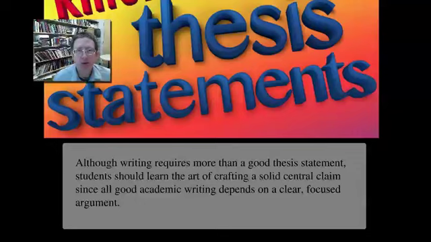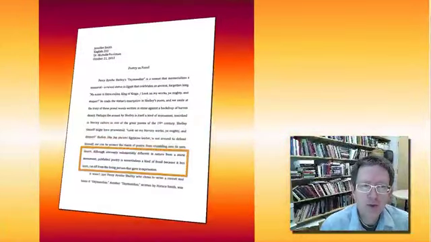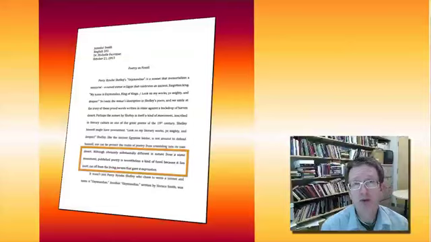Now let me tell you what I'm going to do in this little lecture. First of all, I'm going to take you to the thesis statement and ask, what does it do? What's its function within good writing? And then I'm going to give you a formula, a quick 5-step formula to generate your own thesis statements.